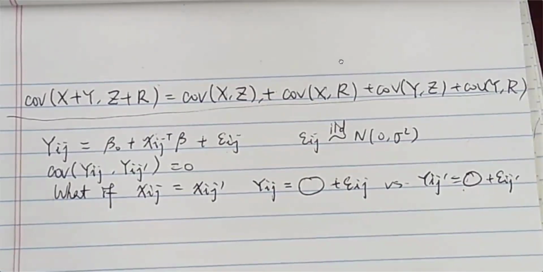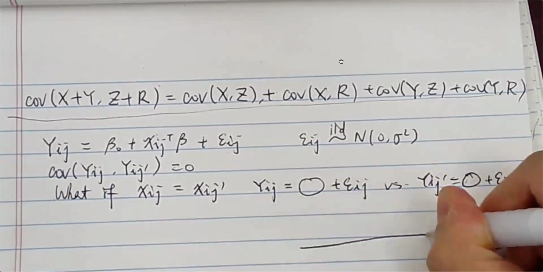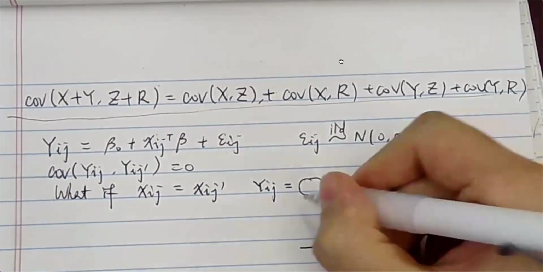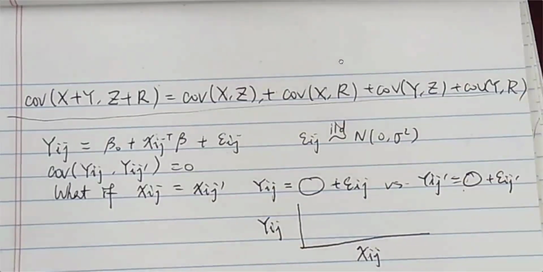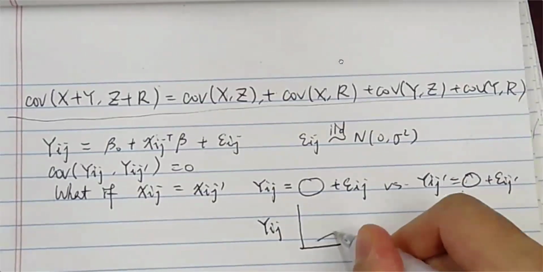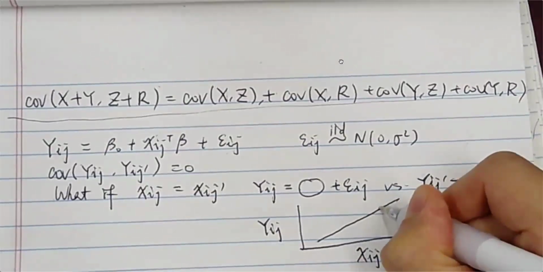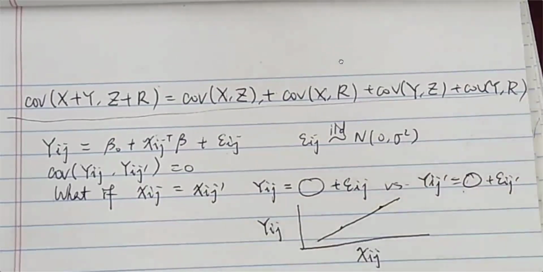Okay, so independence in this case, what it actually tells us is this. When we have just Xij as a scalar, let me put it in a simpler form. What we're trying to fit is a linear relationship, which means that when Xij is bigger, Yij is bigger. When Xij is smaller, Yij is smaller.